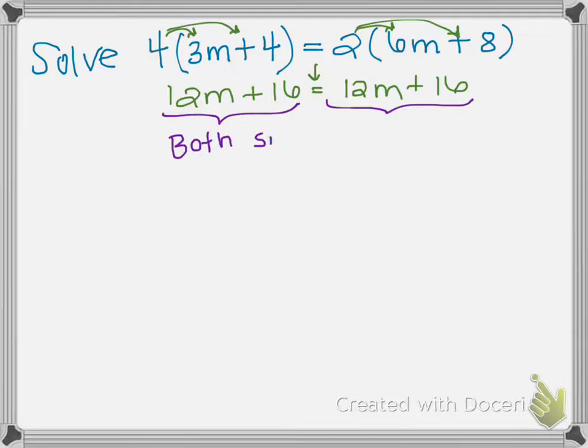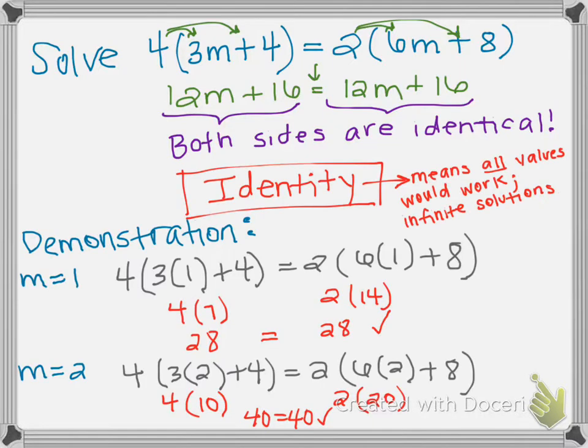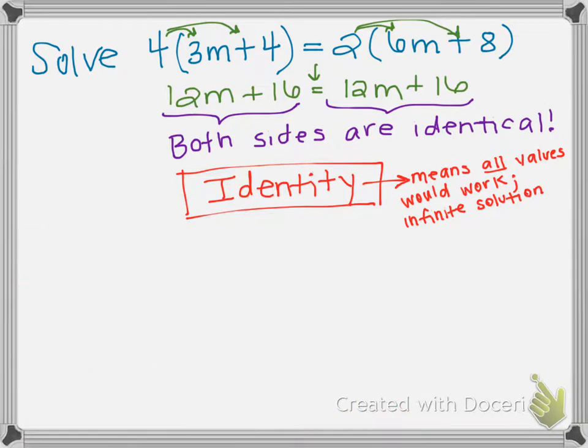Well, in this case, both sides of the equal sign are identical, exactly the same. So when we have both sides exactly identical, that means it's an identity, meaning that all values would work, or there's infinite solutions.